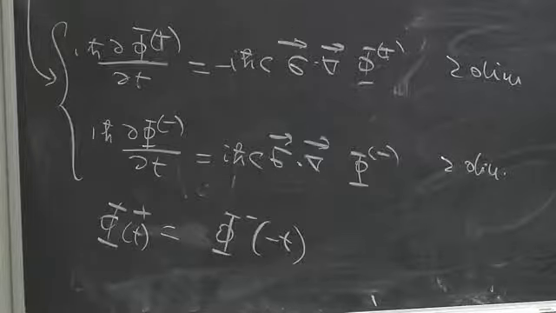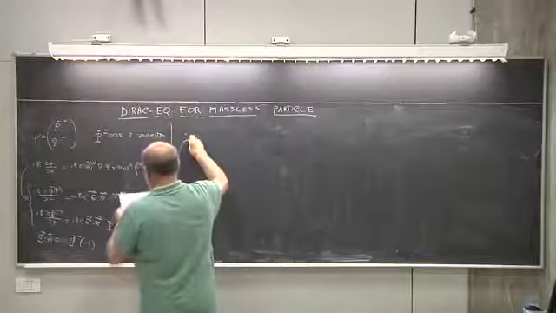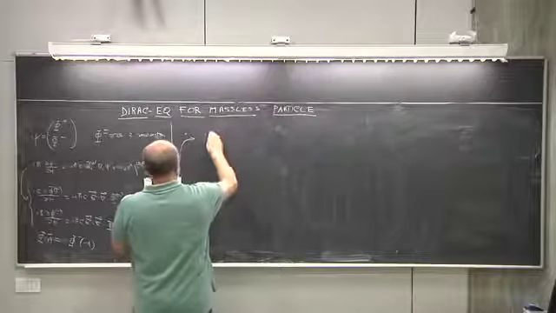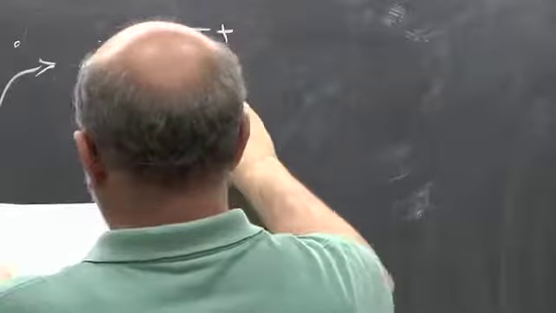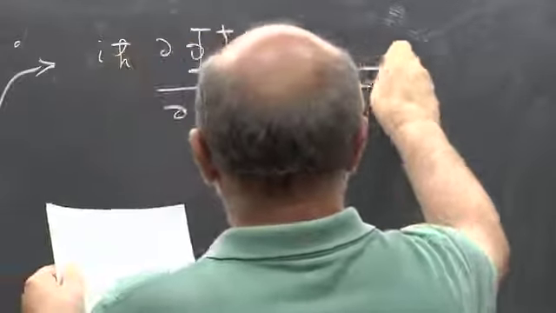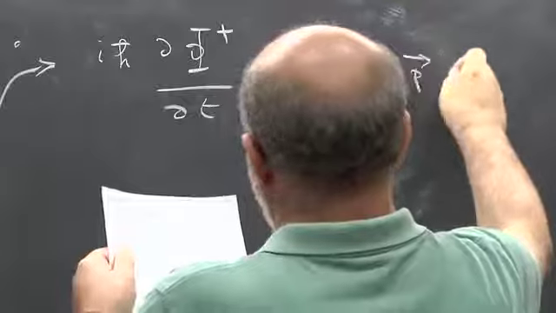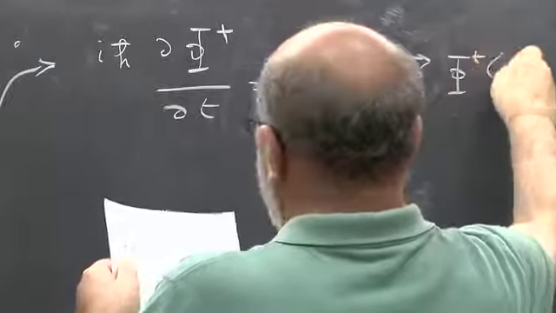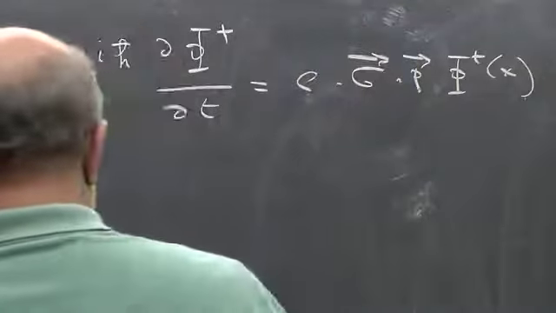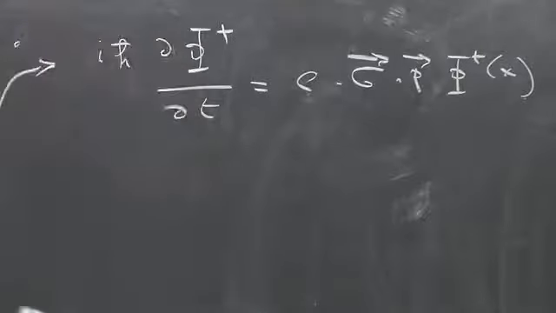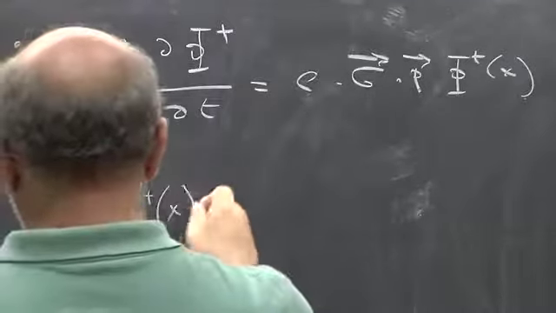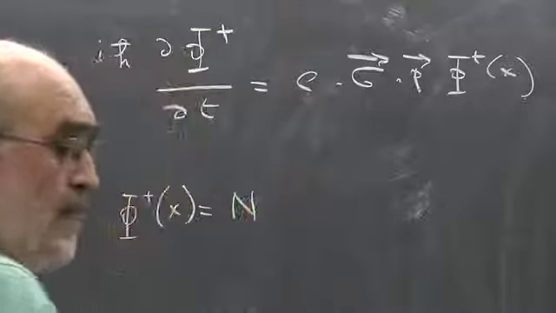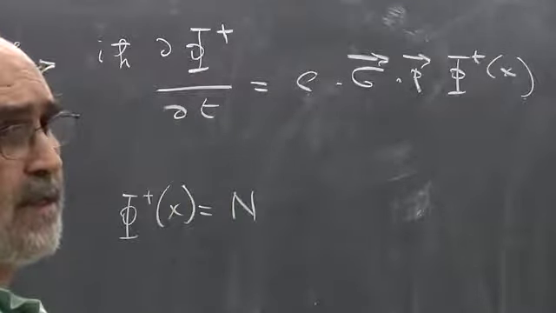Now let's take this equation. Let's write it down not with the derivative, but with the momentum: dφ+/dt equals c σ·p φ+. What we want to do is solve this equation, so let's choose a solution of this form, an ansatz. There is a normalization factor, which in the book is specified, with a square root of E and so on.